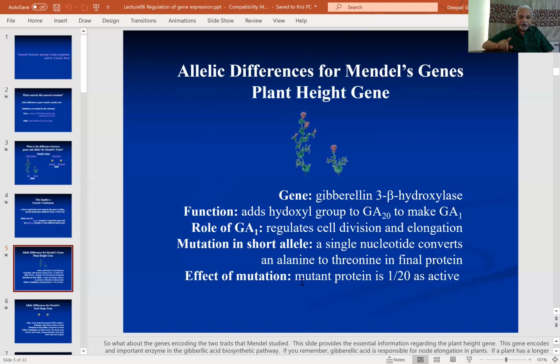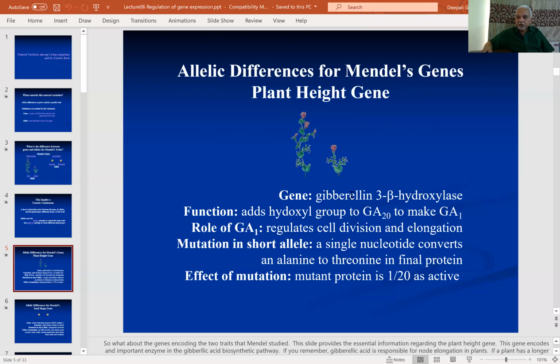Okay, so a single mutation in one amino acid can give you an alternative allele, which brings about shortening of the plant. So the dwarfism is created at the gene level by this mutation in the normal gene.